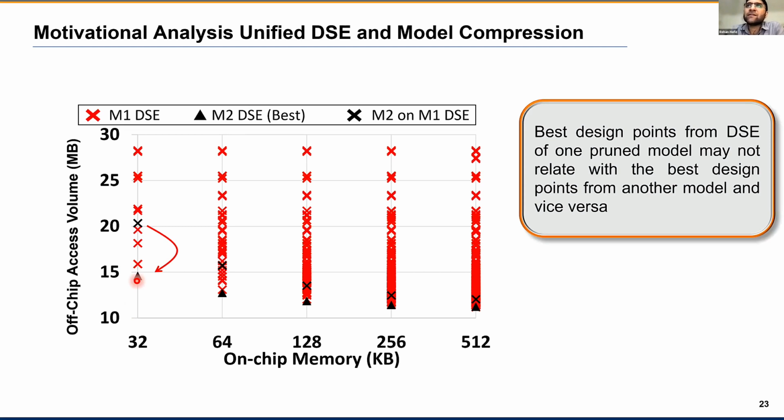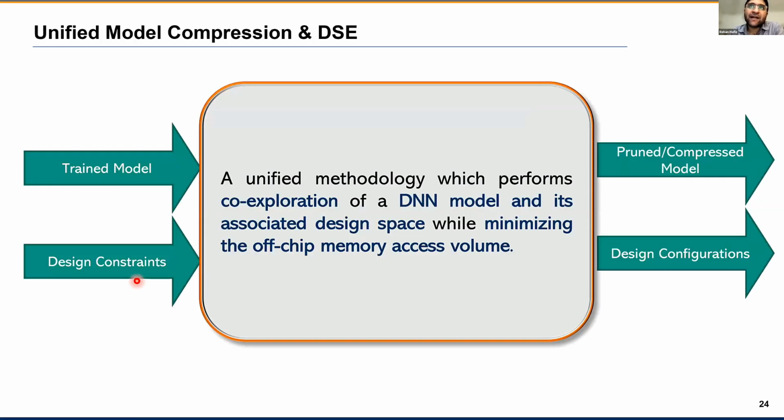So what it really means is that the best design points from the design space exploration of one pruned model may not relate with the best design points from another model. Hence we need a unified methodology which performs the co-exploration of a deep neural network model and its associated design space while minimizing the off-chip memory access volume.